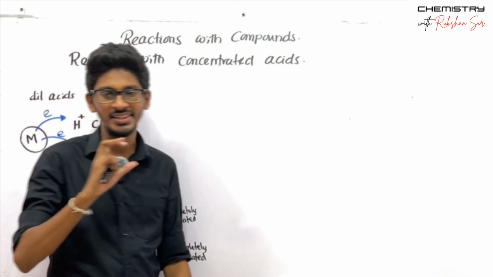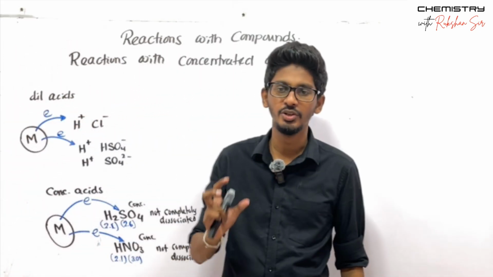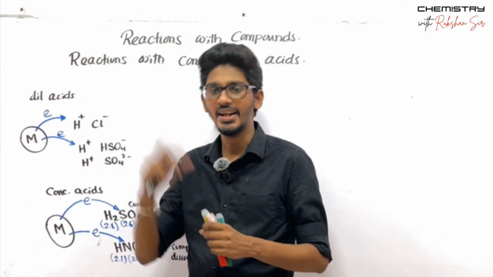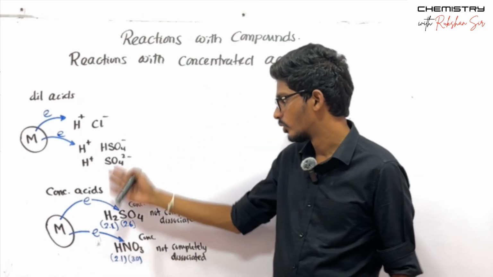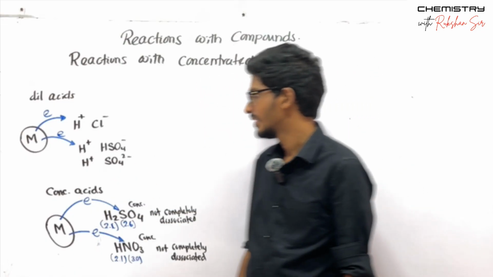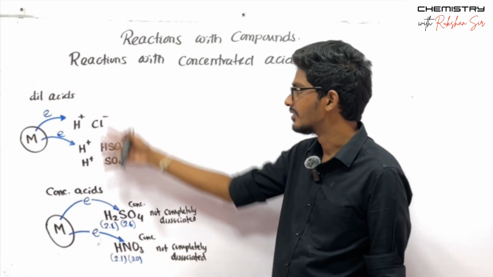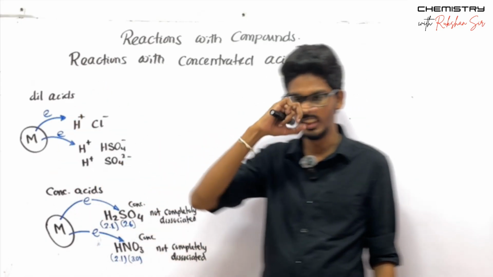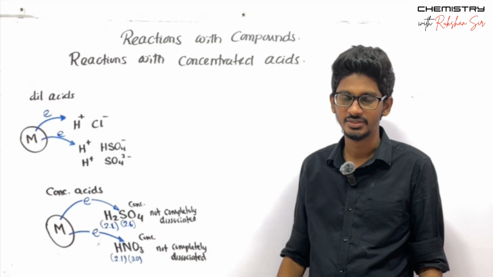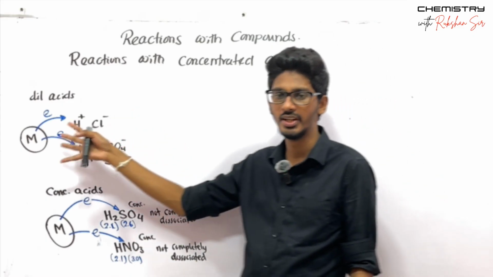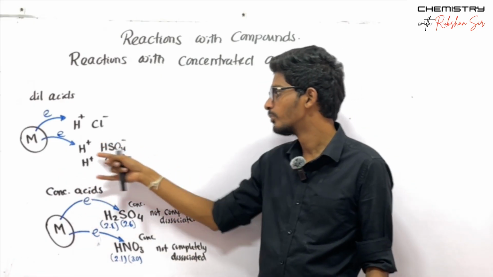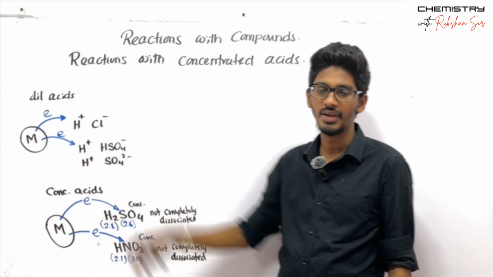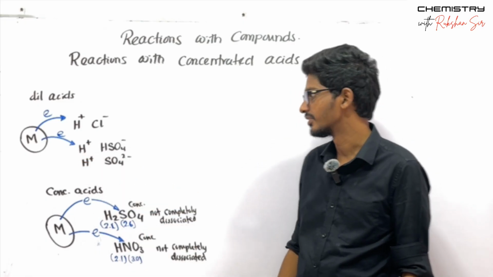So you don't have enough water molecules to polarize the covalent bond to break and release the H pluses when it comes to conc acids. With the dil acids, you have more water molecules, diluted, so they can polarize the OH bonds and break them to come up as ions to release the H pluses.